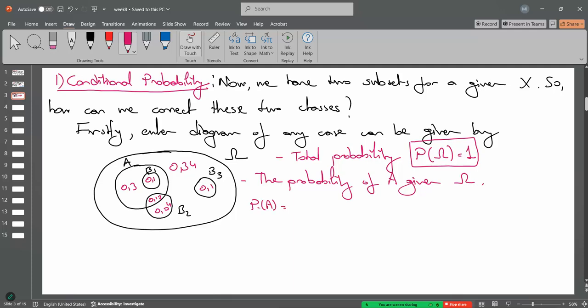P(A) can be calculated as 0.3 plus 0.1 plus 0.2, which is equal to... no, I'm sorry, this is 0.12, guys.